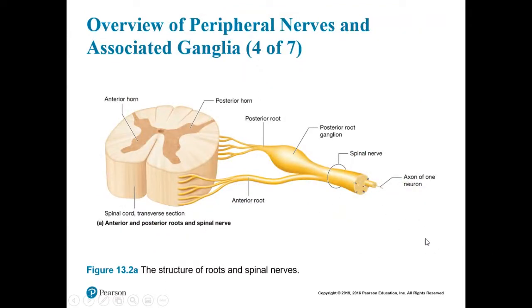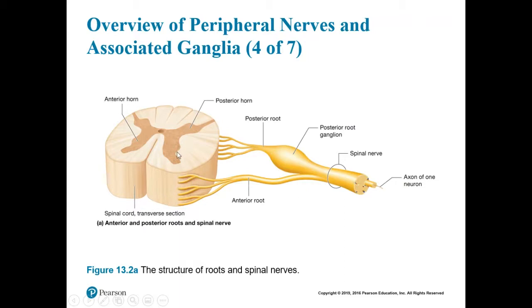All right. So here we have the connection between the CNS, which is the spinal cord, and the PNS, which is the nerve. So this is a nerve, a spinal nerve specifically, joining with the lateral aspect of the spinal cord. So notice the connection right there. This is the connection between the two.